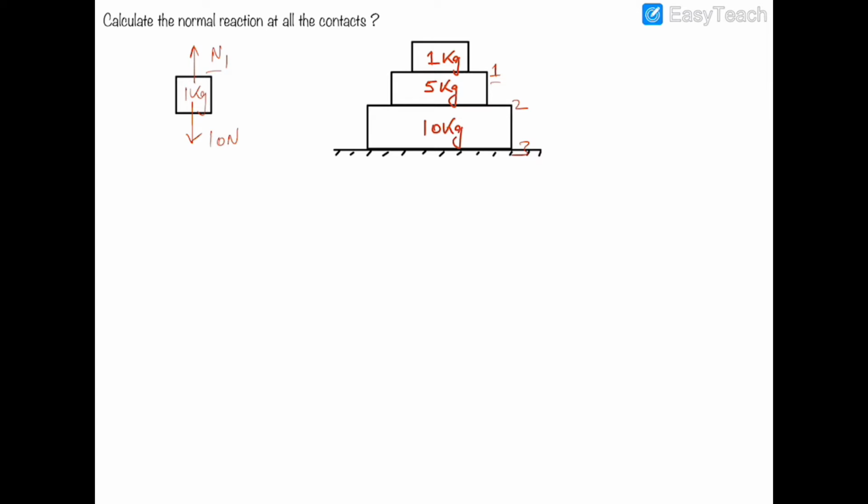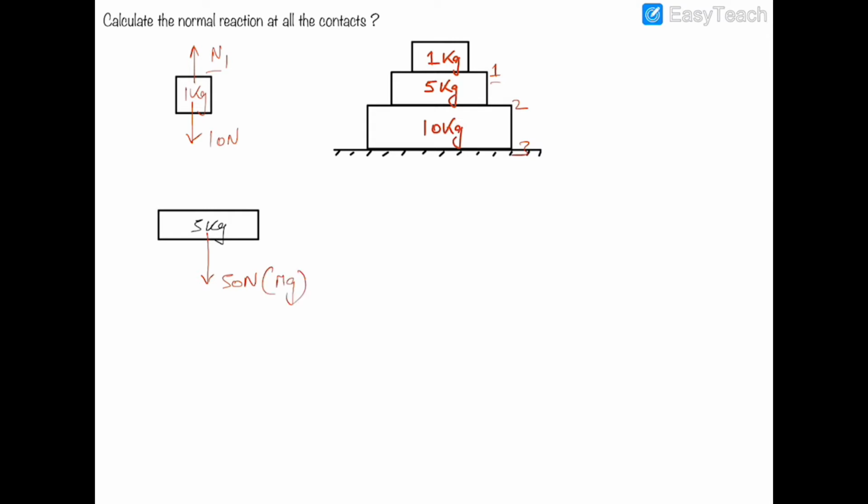Now if I draw the free body diagram of the 5 kg block, it will be like that. This is 5 kg and there will be mg, which is 50 newtons, acting on this 5 kg block. I'm writing mg in the bracket.